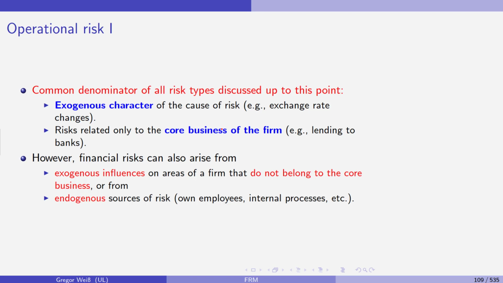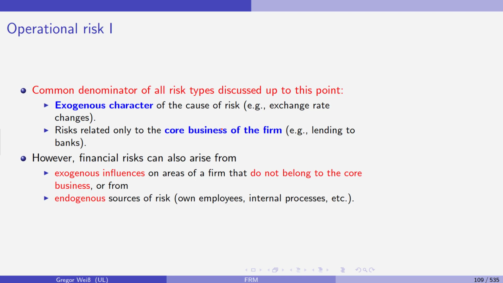For example, we have an exchange rate that changes adversely, a market price, a stock price, a default probability, and because of these changes going on outside the company, we have a higher or lower risk exposure of our financial institution. And second, usually those risks were related to the core business of the firm, for example, our lending business, our trading business.